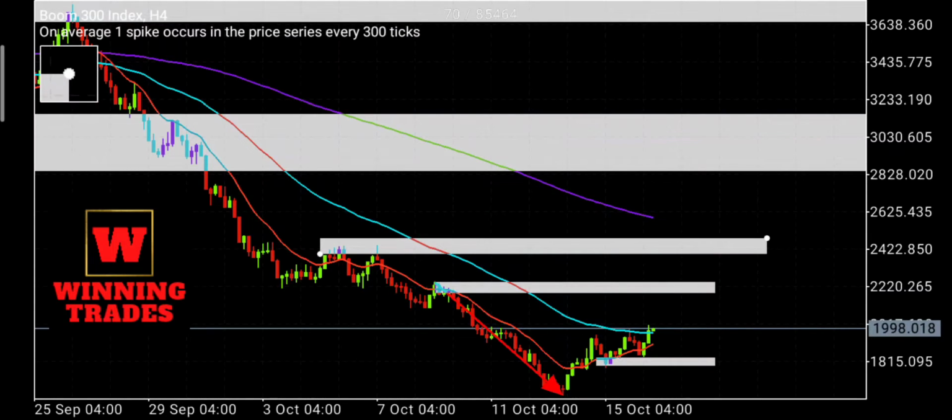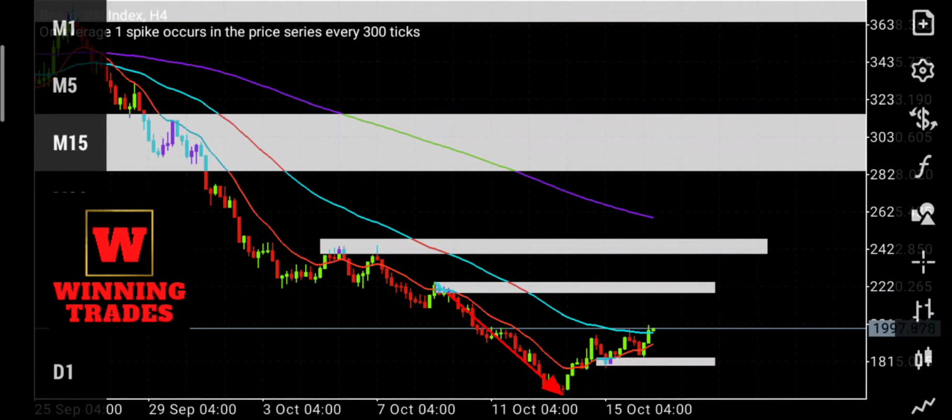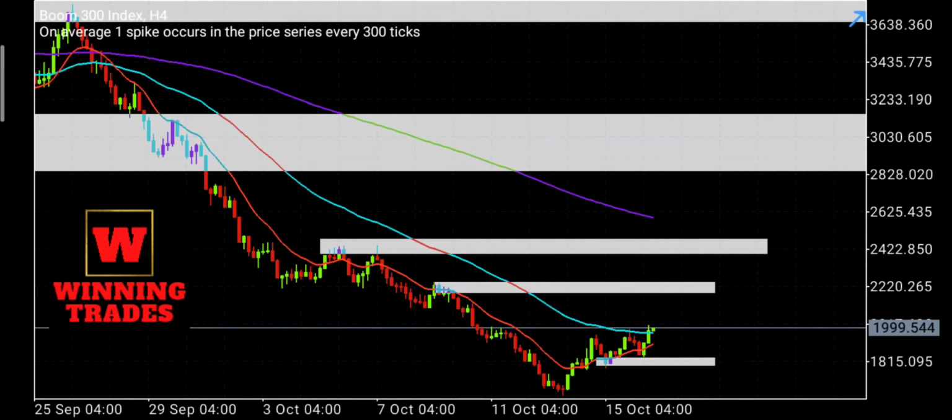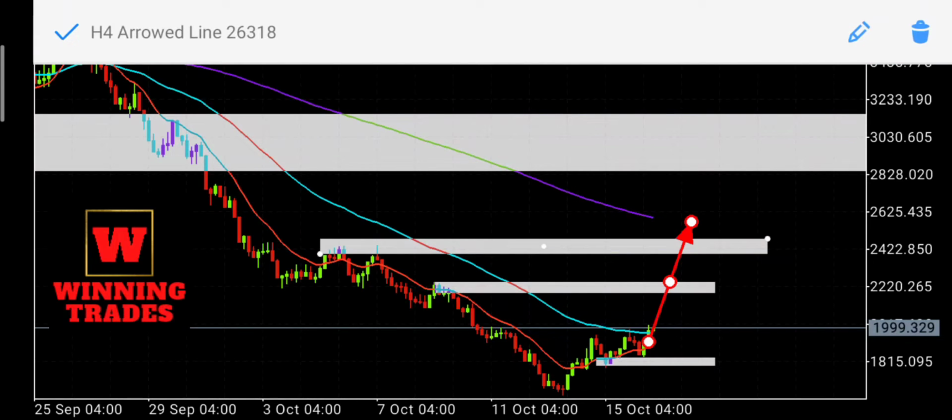So these are the levels we're watching out for. So price will likely be testing this and we'll likely test this maybe before coming down. So we can see that we have lots of buy movements.